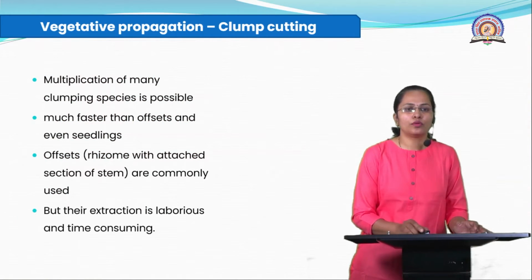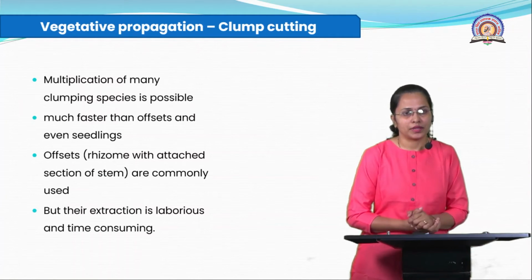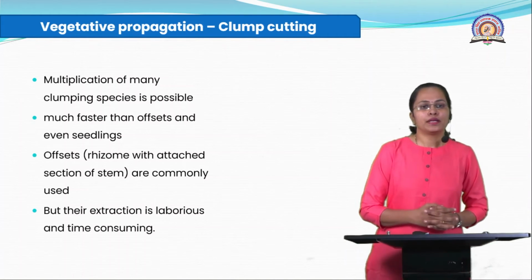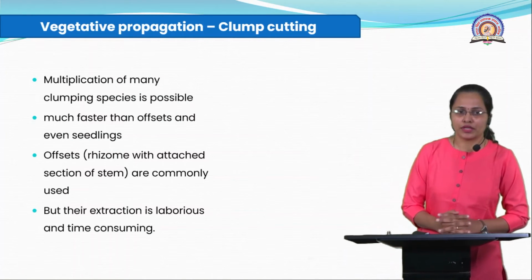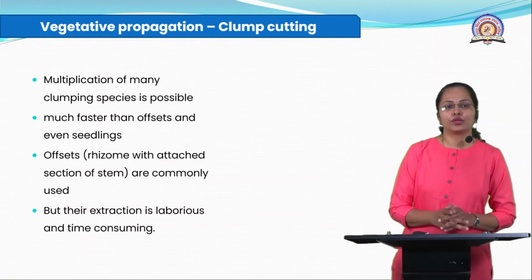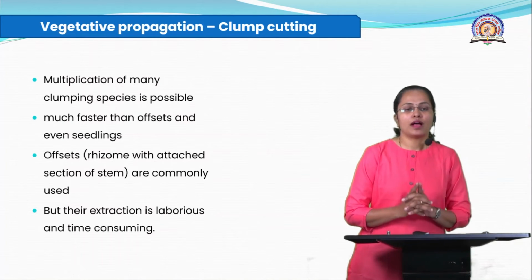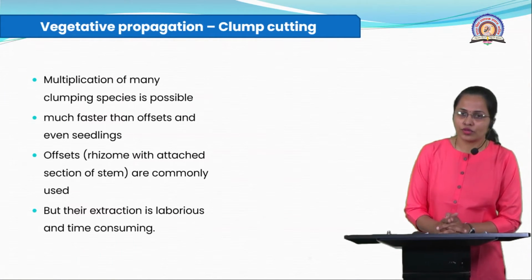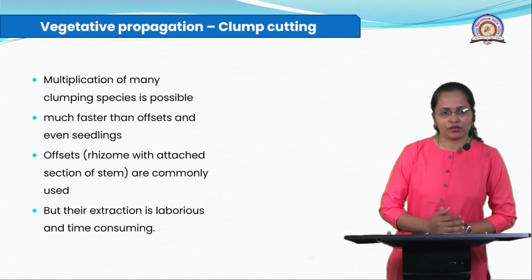Now we'll see how exactly vegetative propagation can be achieved by using clump cutting. Again, to be clear, the clump is nothing but the root of bamboo. The multiplication of many species is possible by using such a clump cutting method. It is a much faster method as compared to offsets or the use of seedlings. Offsets, that is, rhizome with attached stem, are commonly used, but still clump cutting, or cutting of the nodal sector or shoot, is very popular in order to produce plantlets of bamboo.